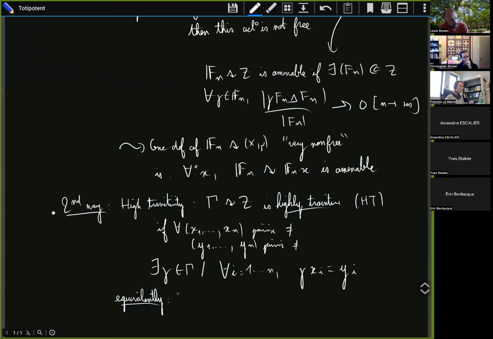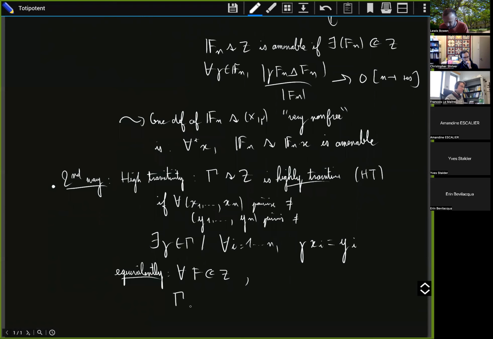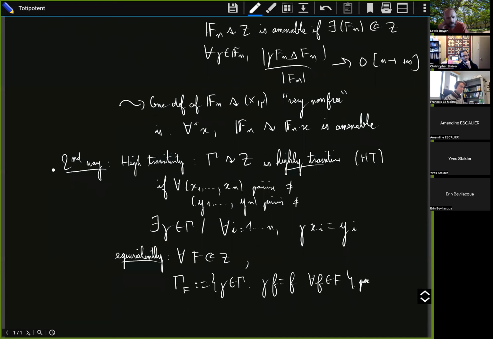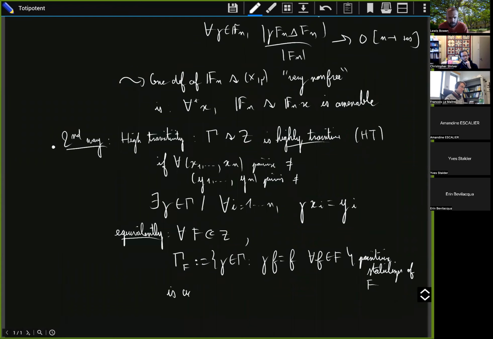Whenever I fix a finite subset F of Z, I can consider the pointwise stabilizer of F. Let me write it as gamma_F, the set of gamma in gamma such that gamma f equals f for every f in F. This is a smaller group, but it is still acting transitively on the complement.